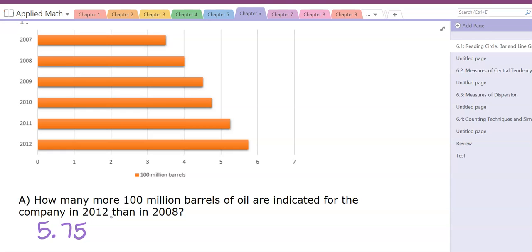What would you guys say was for 2008? 4. So we're doing 5.75 minus 4. You could put 0.00 behind it if you want to keep the numbers exactly the same. So what's that going to be? Good, 1.75, and this would be million barrels.